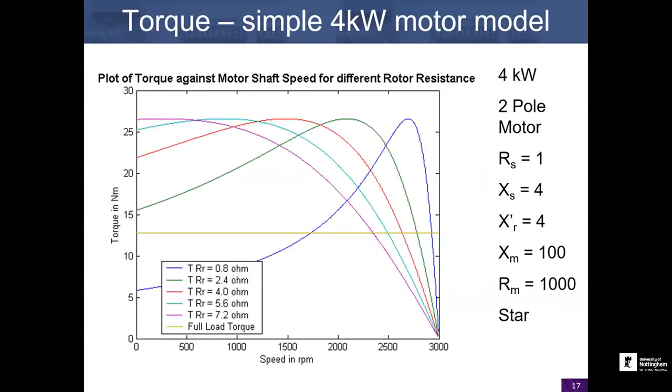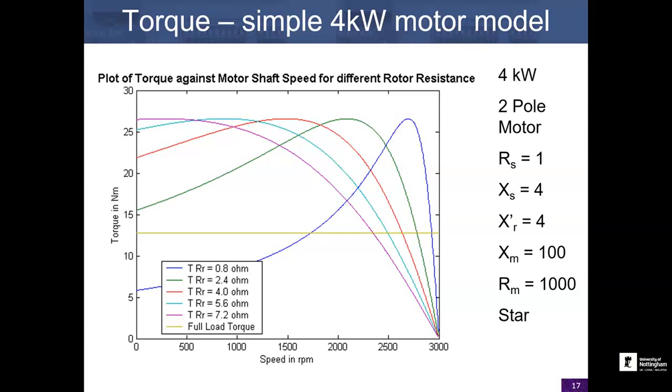Then we did talk a little bit about behaviours of torque speed curves and how things like rotor resistance make a big difference. Taking exactly the same machine but just varying the rotor resistance gives us the same peak torque in each condition but a very, very different performance curve.